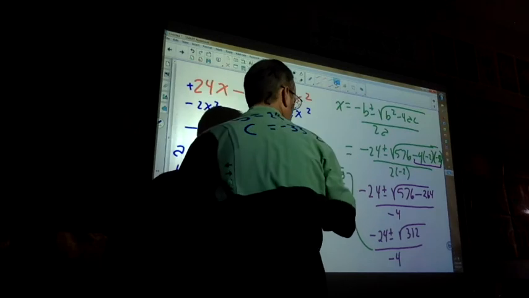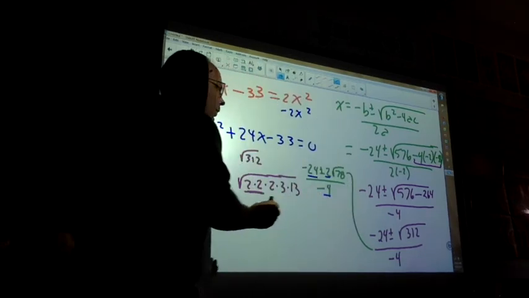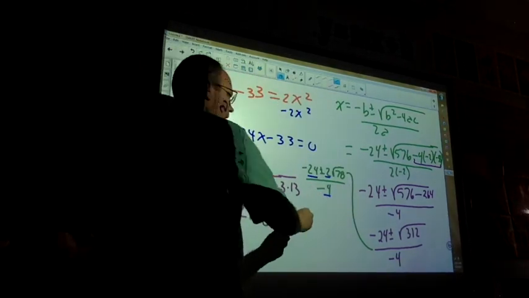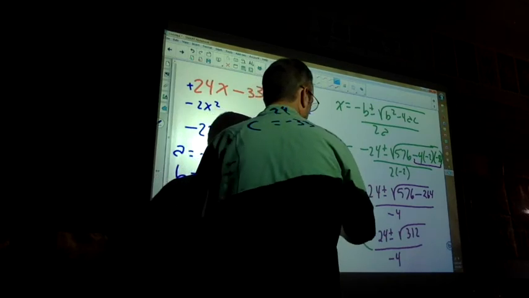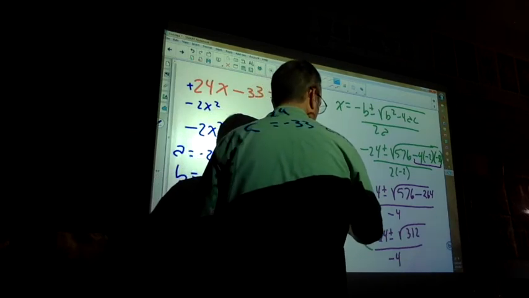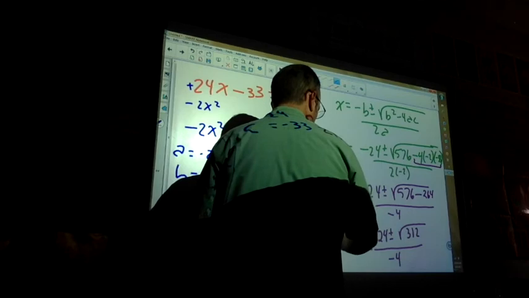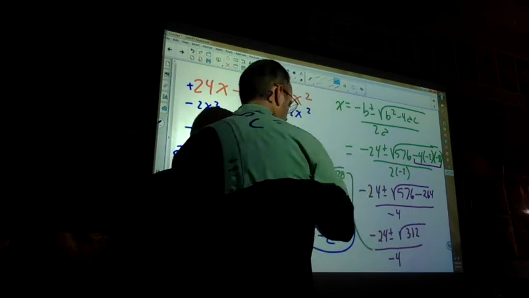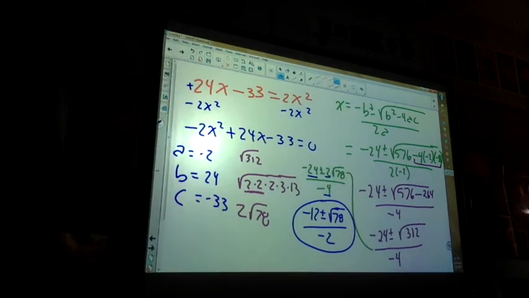Let's see if we can reduce it. What number goes into all 3 of those? 2. Good. So I get negative 12 plus or minus root 78 all over negative 2. Done. Did I ignore signs? I have them all there. They're all part of the question.